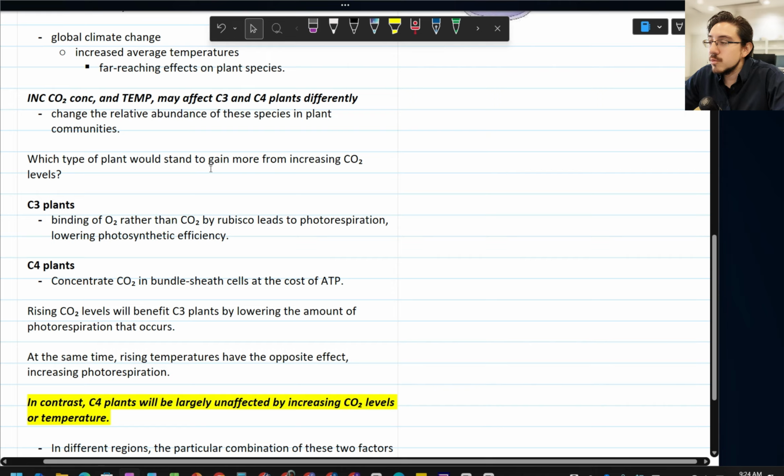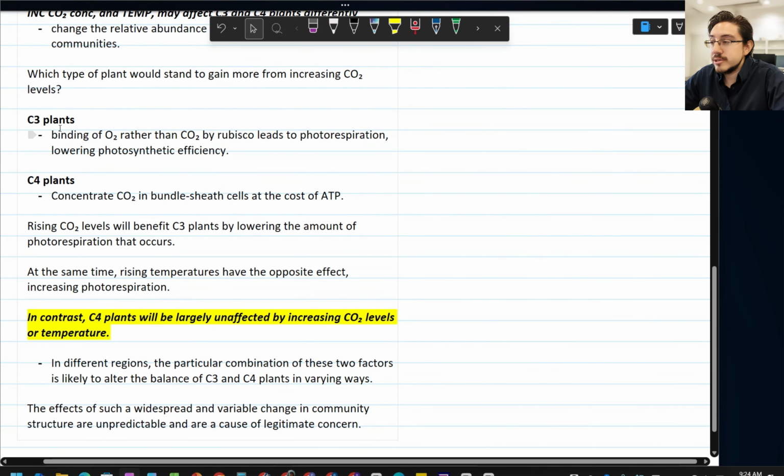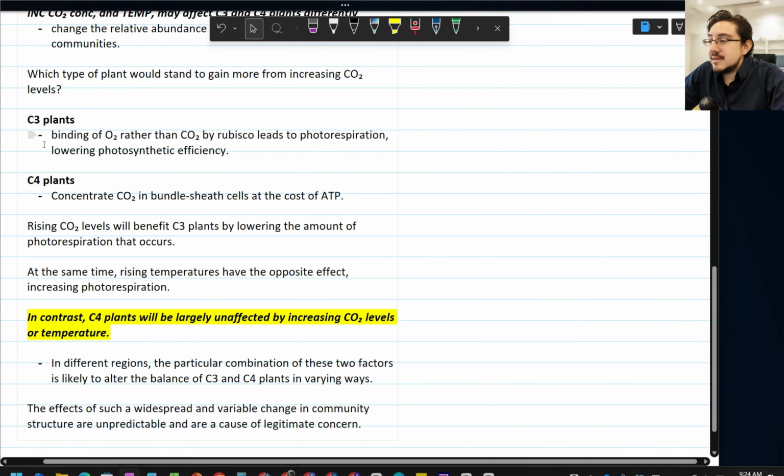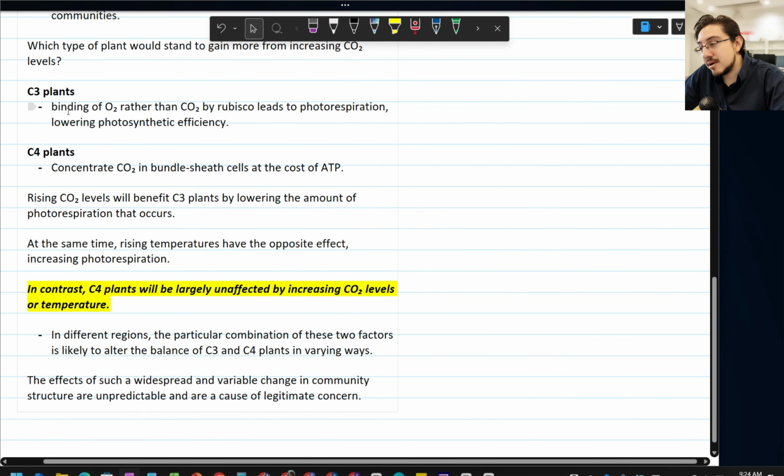Okay, so which type of plant? A good question would be, which type of plant would stand to gain more from increasing carbon dioxide levels, right? C3 plants, the binding of oxygen rather than carbon dioxide by rubisco would lead to photorespiration. So therefore, there would be a lowering of photosynthetic efficiency. C4 plants would concentrate carbon dioxide in bundle sheath cells at the cost of ATP.